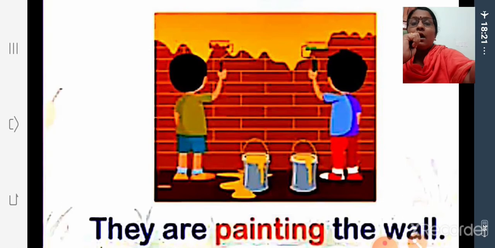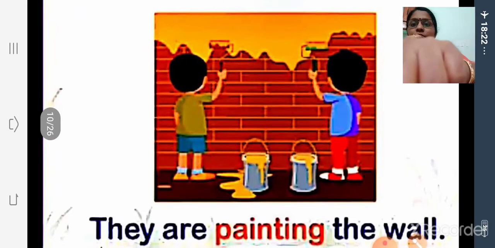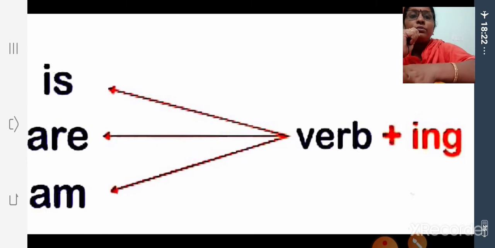Are painting, they is plural, so are. Then paint plus ing, painting. Then is, are, am plus verb plus ing. So in all those sentences we can see this construction.